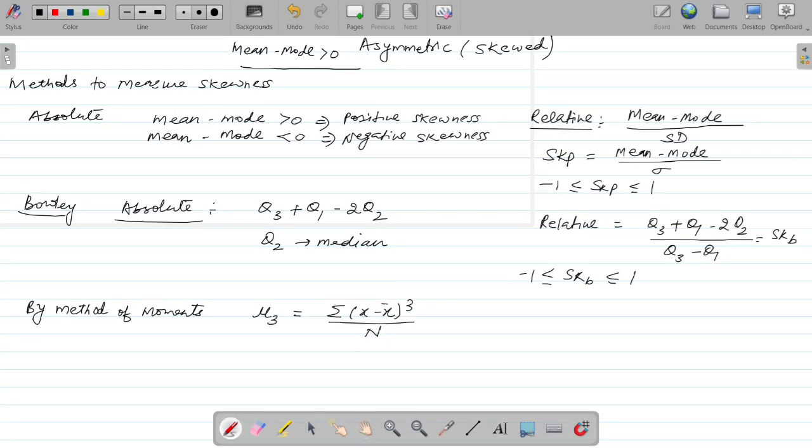Again, if the value is negative, then it is negatively skewed, and if the value is positive, then it is positively skewed. And the relative measure for it is given by beta 1, which is mu3 squared upon mu2 cubed. What is mu2 here? Mu2 is variance. Okay, so these are the formulas. Now we solve the question by using Excel.